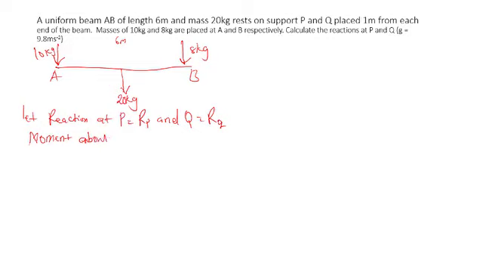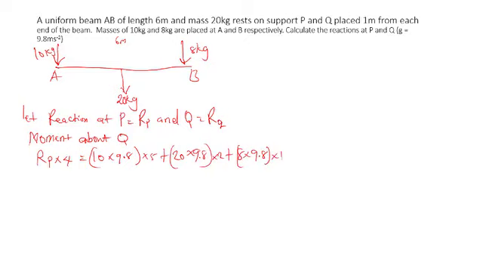Moment about Q: RP times 4 is equal to 10 times 9.8, which is acceleration due to gravity, for the first one, that's 10 times 9.8 times 5, plus we now have 20, that's the second force, about A2, 20 times 9.8 times 2, then plus, what's the last force? This is 8, 8 times 9.8, times 1.